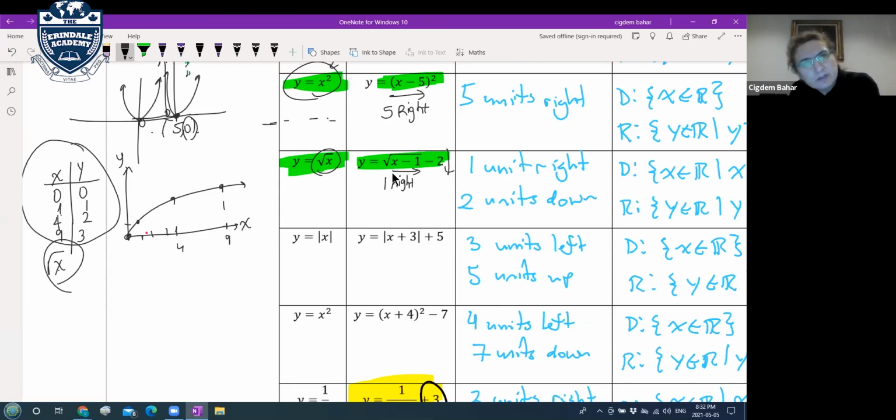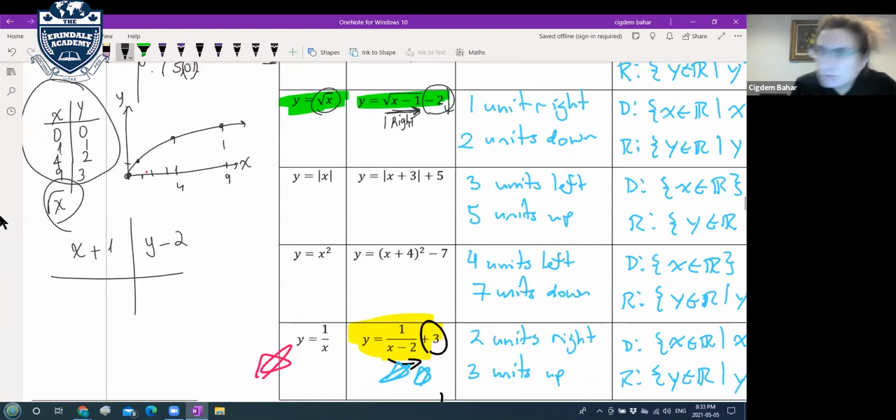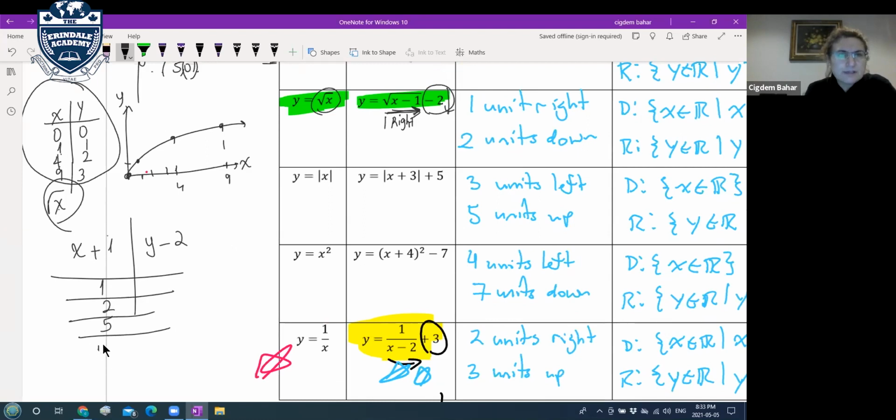Now, what are we going to do? We'll move x 1 to the right. Take the x values 1 to the right, and your y values will be 2 down. So give me the new points, guys. Take x, add 1. All x values should be shifted 1 right. 0 will be 1. 1 will be 2. 4 will be 5. 9 will be 10.